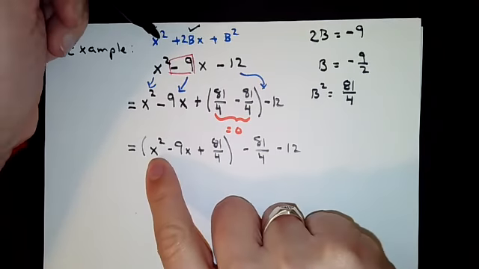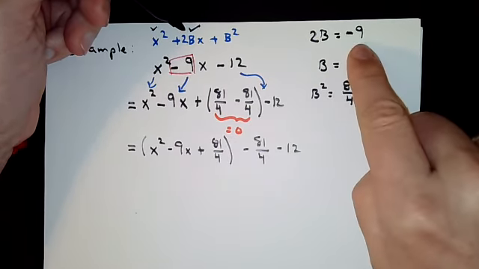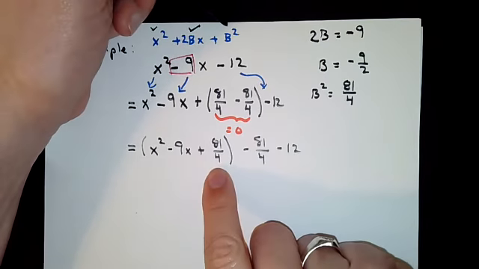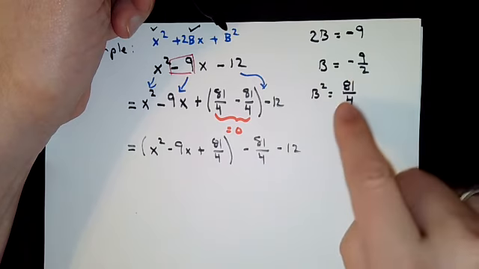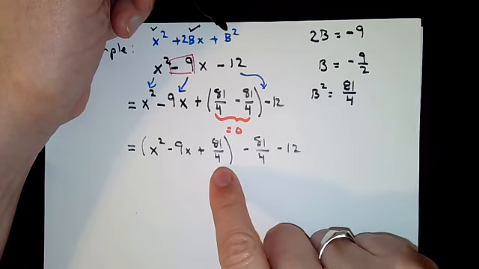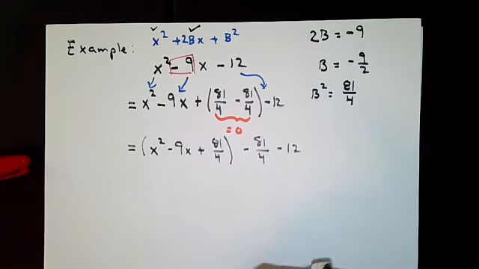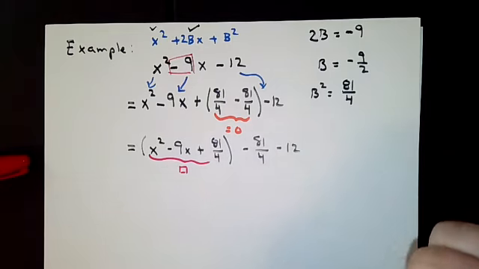Here's 1x squared. Here's 2 times b times x, because 2 times b is the same as negative 9. And here's b squared, because b is equal to negative 9/2. B squared is equal to positive 81/4. So this matches the pattern exactly, right? This is our perfect square.